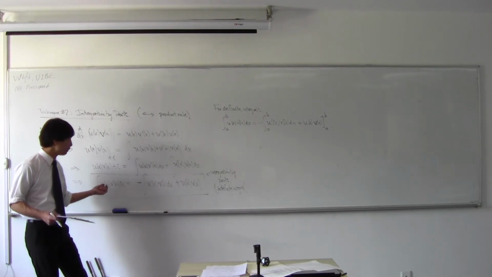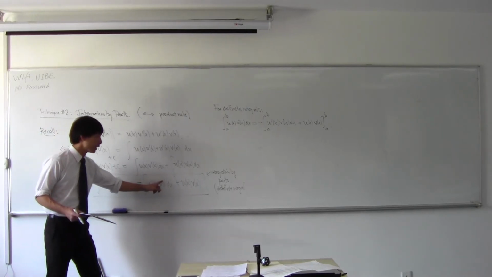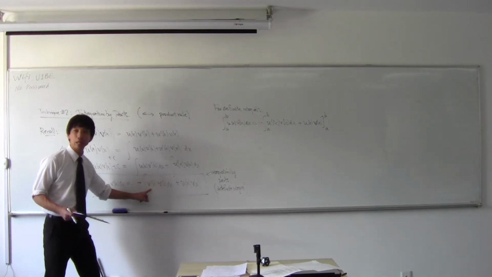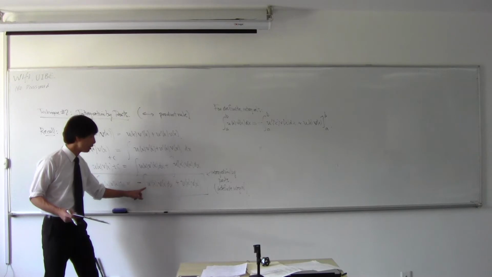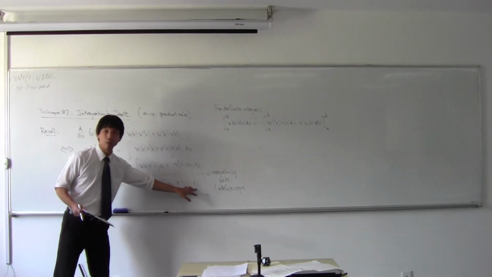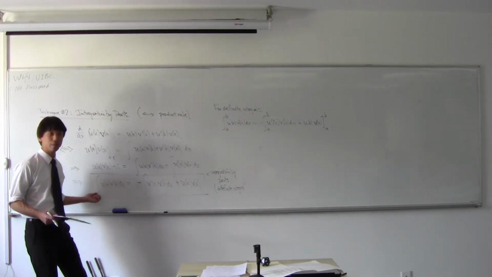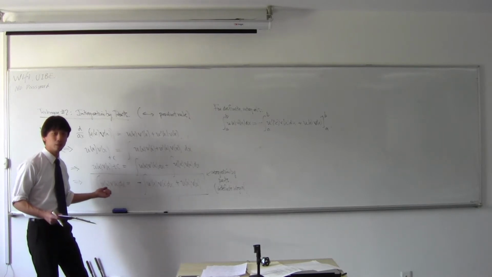If you have one function against the derivative of the other function, it's okay to move that derivative over to the other guy, as long as you make some adjustment. You have to have a minus sign, and you also have to throw in this other stuff. But that's the idea, that it's okay to pass the derivative over to somebody else.